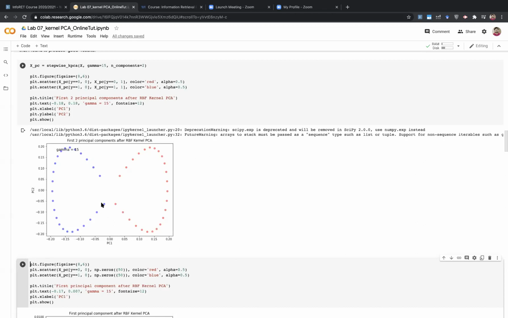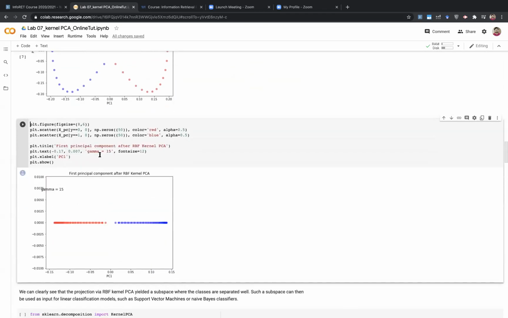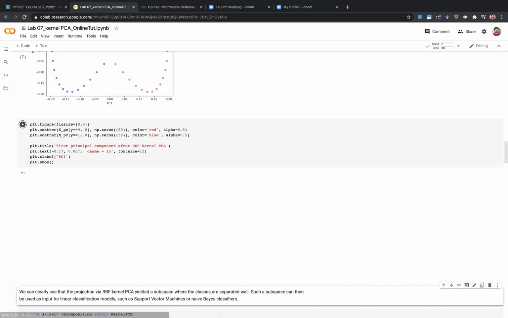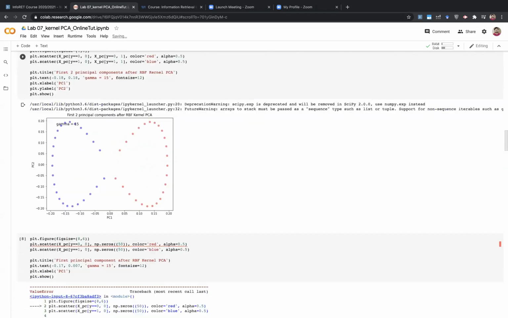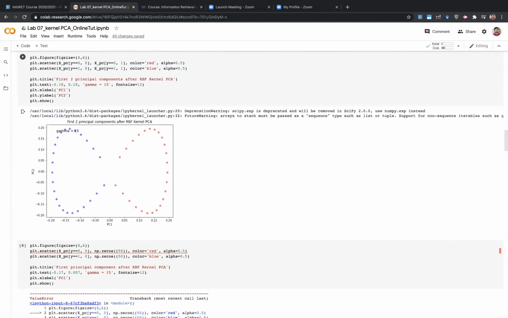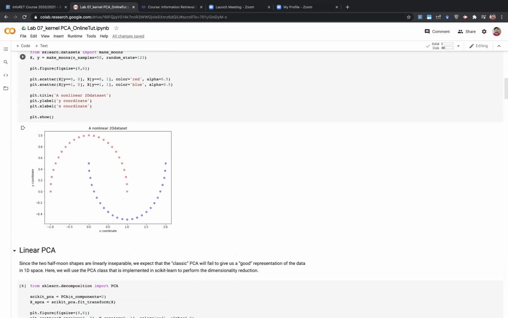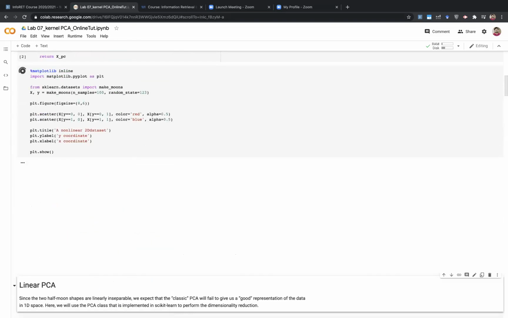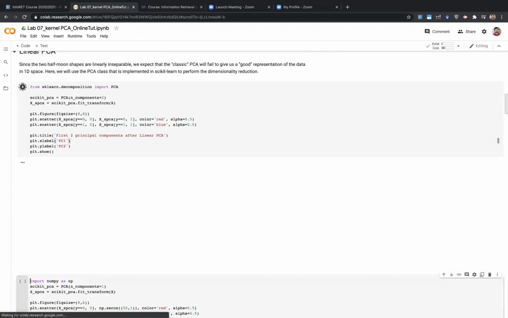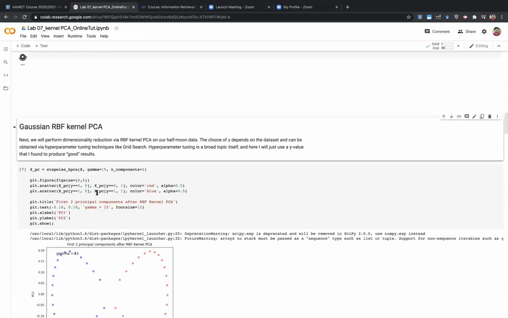So, okay, let's just see what's happening here. Now we plot the first principal component. Let's just keep the dimension same.